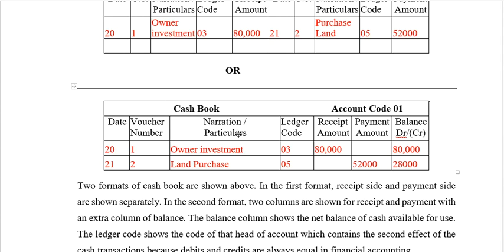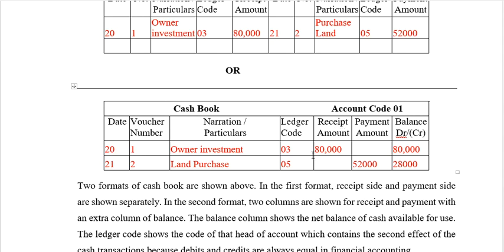In this format you skip these four pieces of information, which is basically a repetition of date, voucher number, narration, and ledger code. We write them just one time and separate the receipts amount and the payment amount.